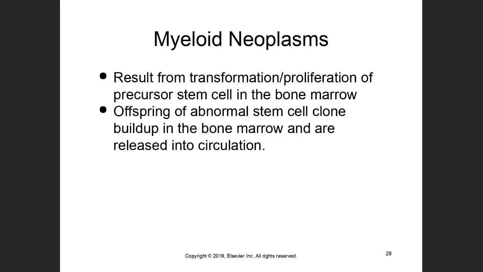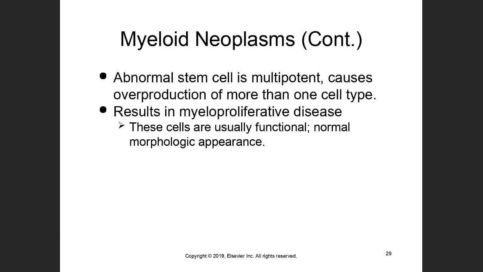Myeloid neoplasms result from transformation and proliferation of precursor stem cells in the bone marrow. That means alteration in the bone marrow. A normal stem cell is multipotent. Multipotent means that it has the ability to become a lot of types of cells. Okay.